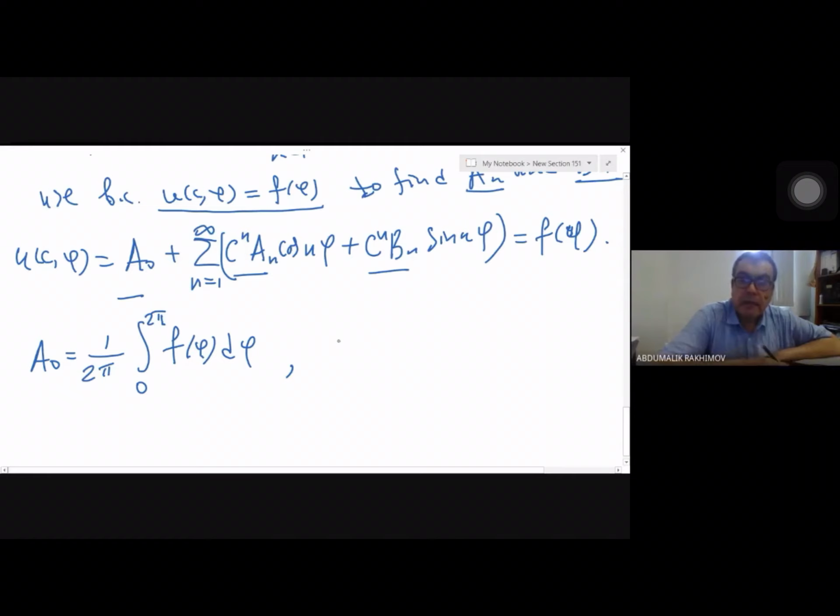And the An coefficients, because they have a Cn here, Cn will be equal. So what will be An?